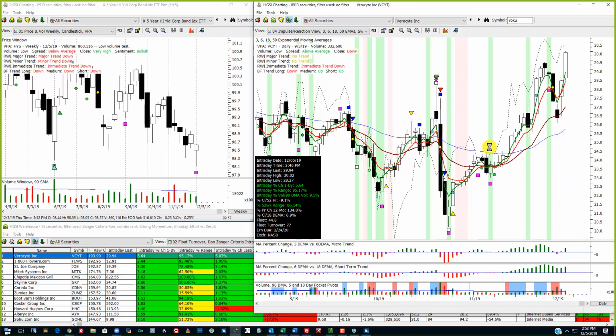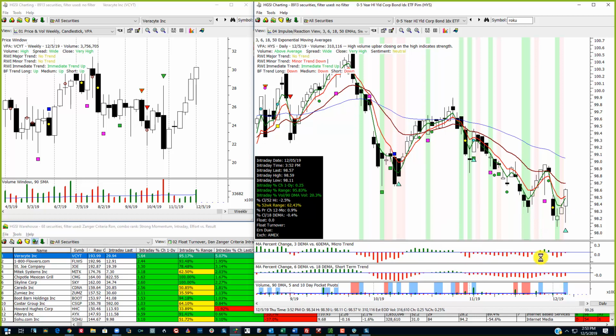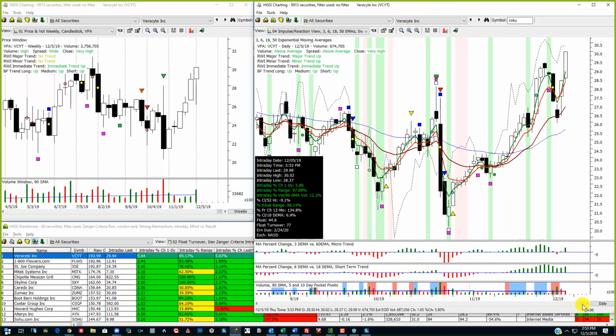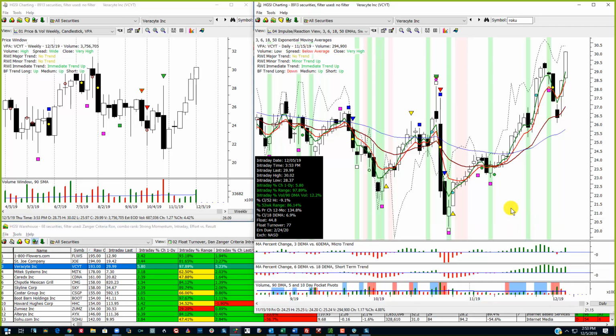This is an ungodly loose chart, which I would prefer not to trade, but you can see that it worked out pretty well. I wouldn't touch it right here. As it's coming down here, it's just coming down too hard and too fast.